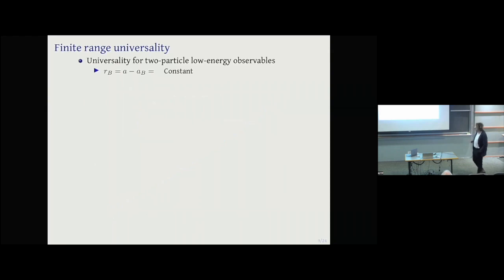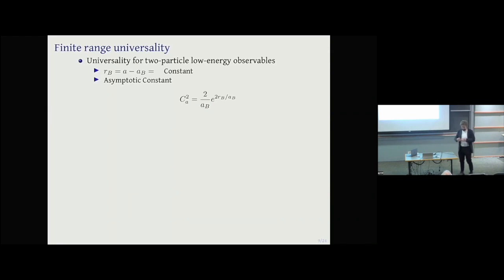So just to summarize, this is my point of view of finite range universality. If you are close to the unitary limit, the shape parameters are more or less 0, not 0, but very, very small. But in first approximation, we can consider B as a constant.